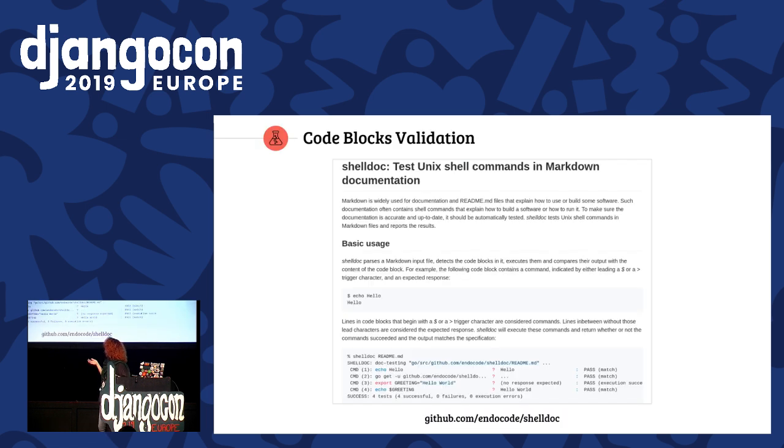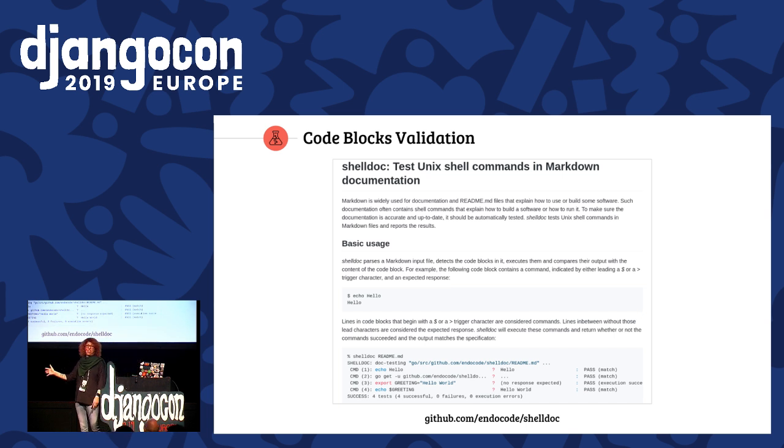For example, I literally found out last week that one of my good friends from the KDE project built a tool that aims to do just one job, which is testing code blocks in Markdown files. You can run it locally, or put it in your build sequence, and it basically runs code blocks from Markdown files in a shell.